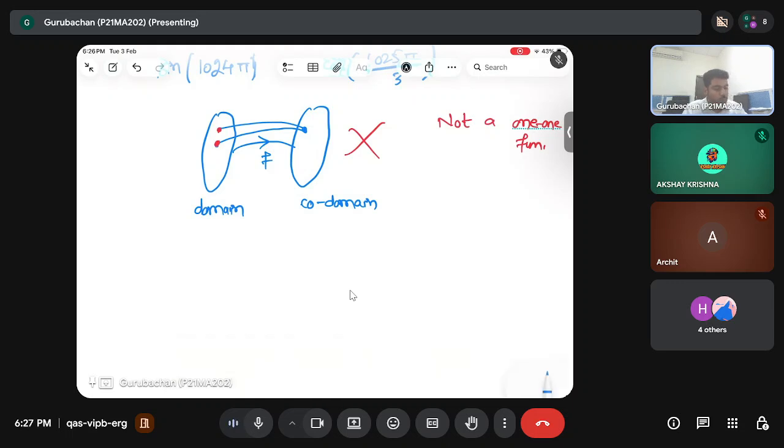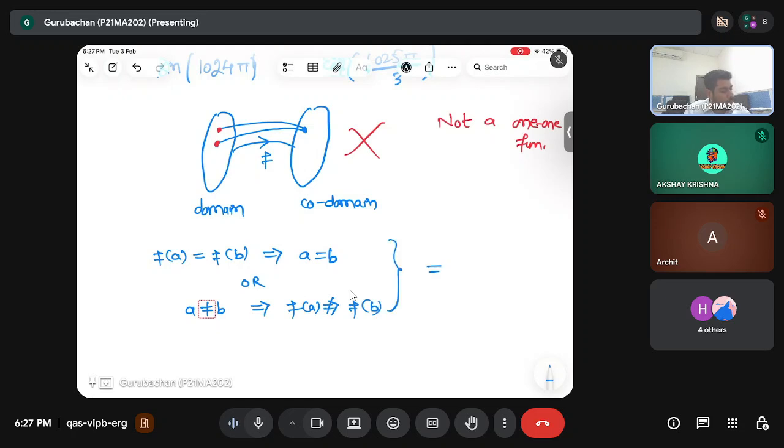So there are two ways to write it. One is: if f of a is equal to f of b, then it implies a equal to b. Or the alternative way is: for any a not equal to b, it will imply f of a not equal to f of b. Are these the two ways?